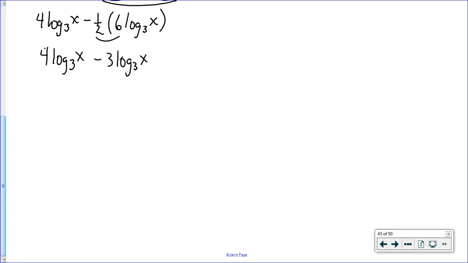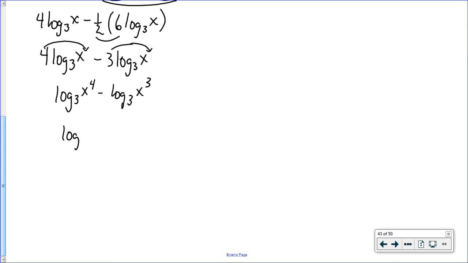And now, what am I going to do? I'm going to pop this exponent up here and up there, and get log base 3 of x to the 4th minus log base 3 of x cubed. And then apply the quotient law.